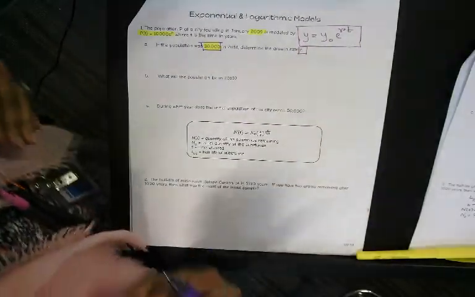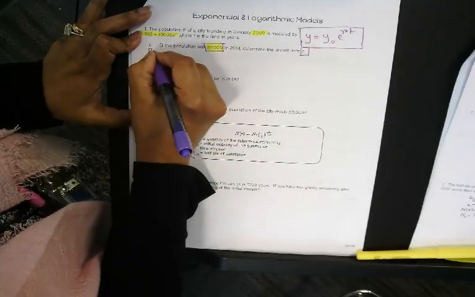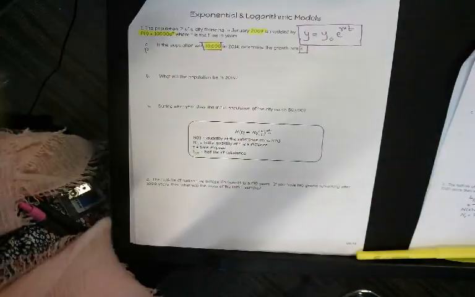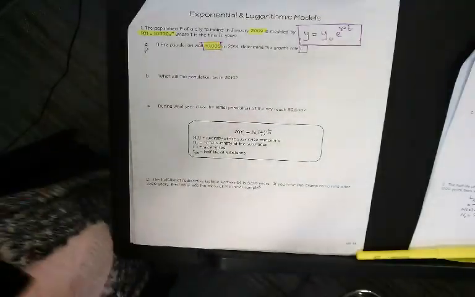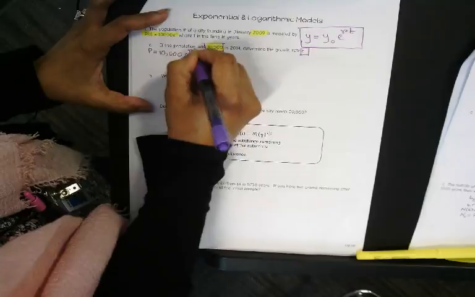Determine the growth rate. We're trying to find the r. Whenever I deal with any of the formulas, I always write down all the variables. Over here, the equation is given: P of t equals 10,000 e to the power rt.